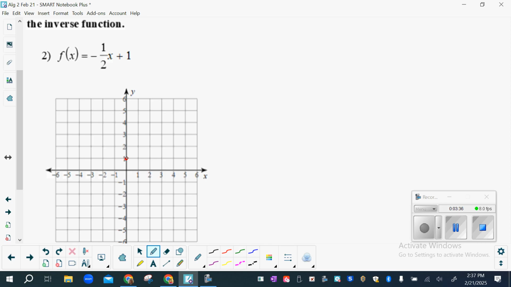Okay, so graphing this line, we start with the y-intercept.